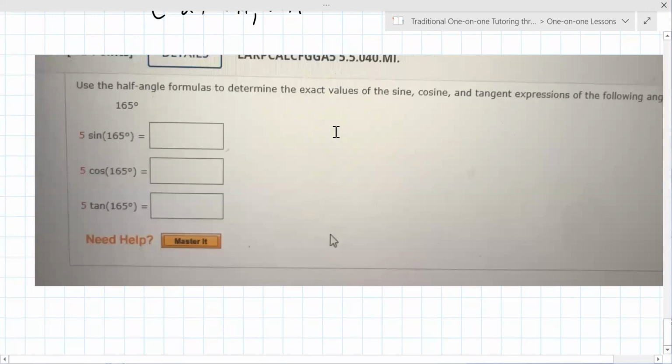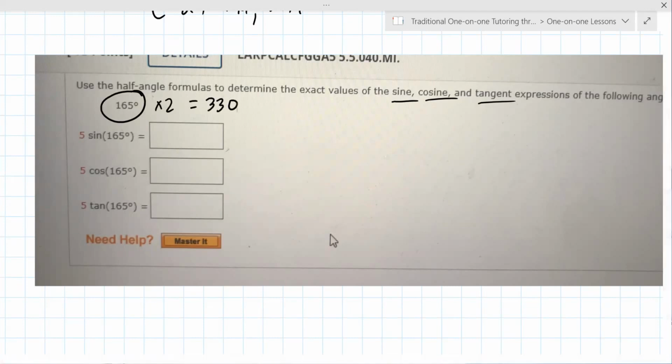Use the half angle formulas to determine the exact values of the sine, cosine, and tangent of the following expression. So your angle is 165, so you need to double it. It's 330. We need to go and grab our formulas, which you said you're maybe going to be given. I wasn't clear on if you're going to get these. You said some conic sections. I think the double angles are on there.